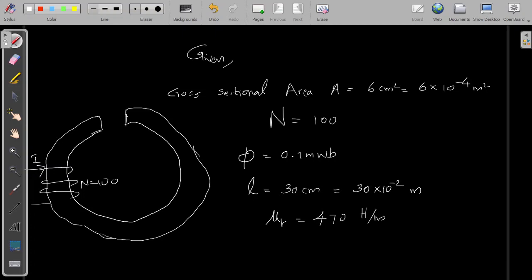So magnetic flux will be like this, in a closed path like this. Okay, so there will be a lot of magnetic lines.